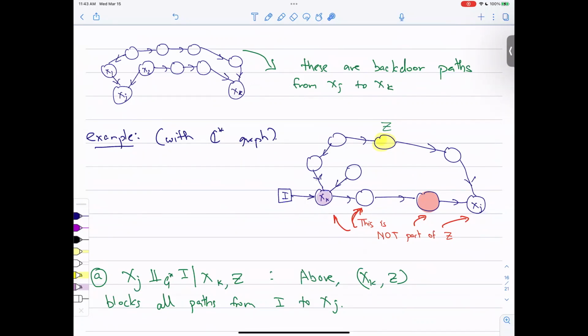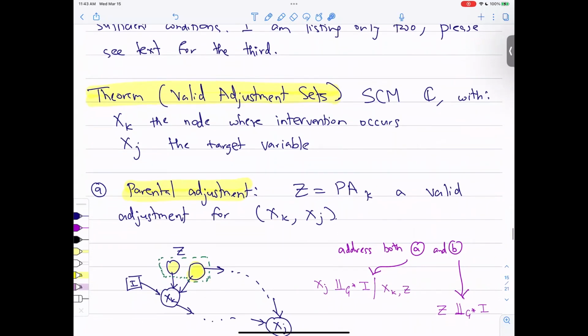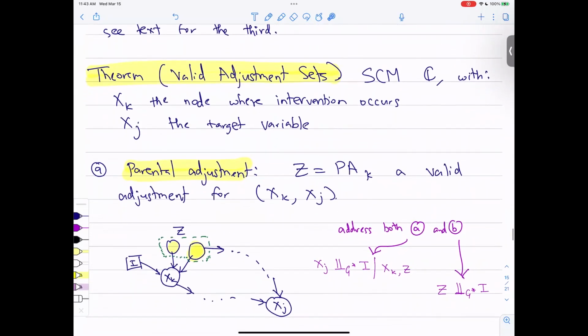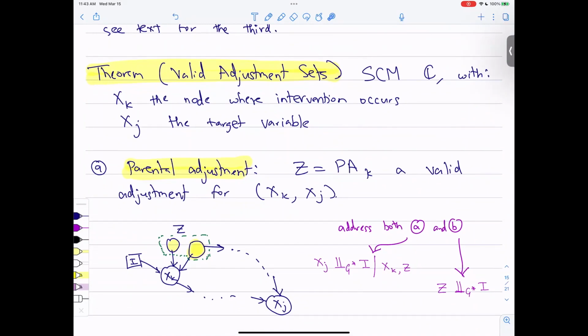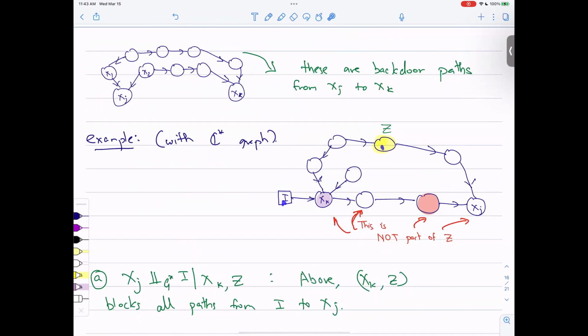The conditioning set is the first is the second. I and Z should be independent. That's the second condition, correct? Without any condition, that is true because there's a collider.